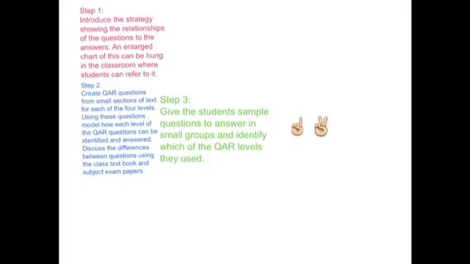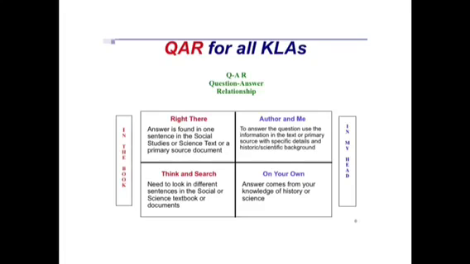Step 3. Give the students sample questions to answer in small groups and identify which of the QAR levels they used. Right there answer questions are usually found in the text, usually as a phrase contained within one sentence. On the other hand, with think and search, while the answer is in the text, the student is required to combine separate sections or pieces of text to answer the question.